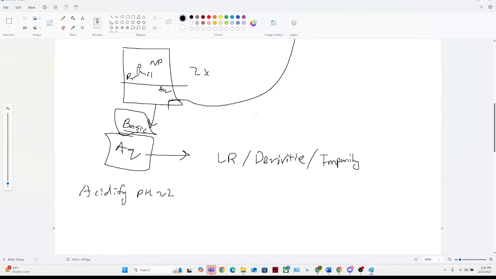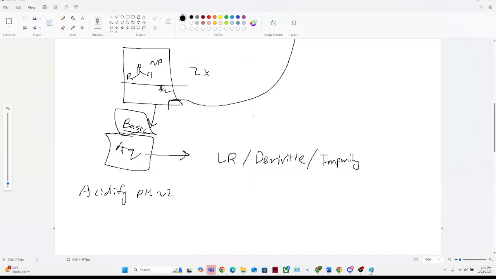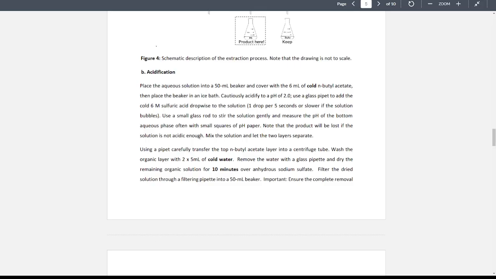Secondly, and this is a typical lab procedure, whenever you use acid and you want to acidify something, you really want to make sure that your reagents are in an ice bath, okay? The neutralization reaction with acid can create heat, and you want to sequester that heat, especially if your compounds are heat sensitive, because it's an exothermic reaction.